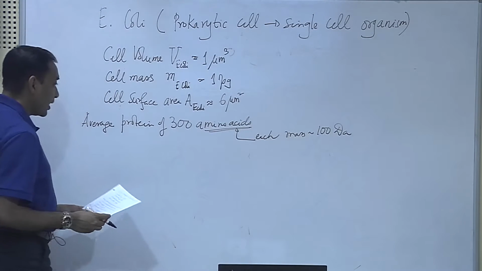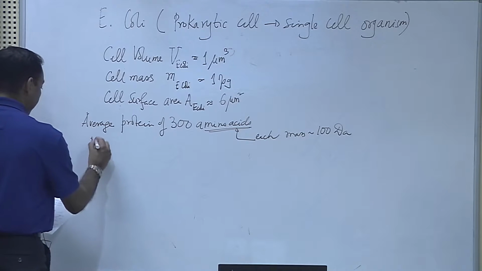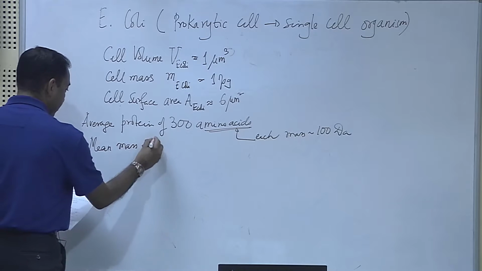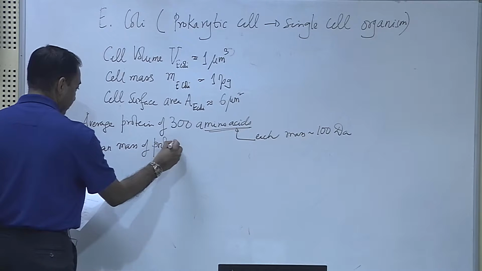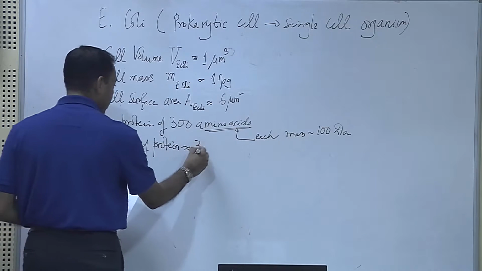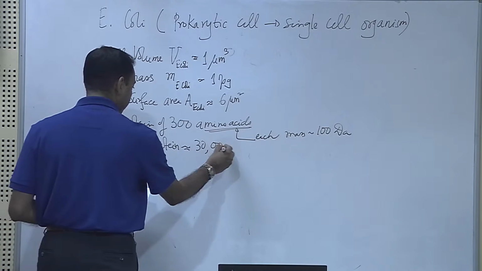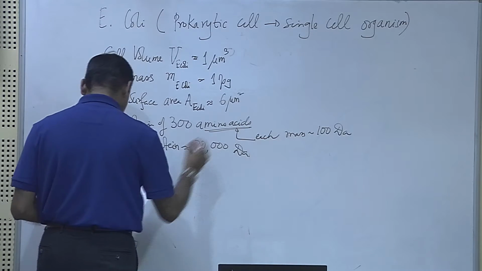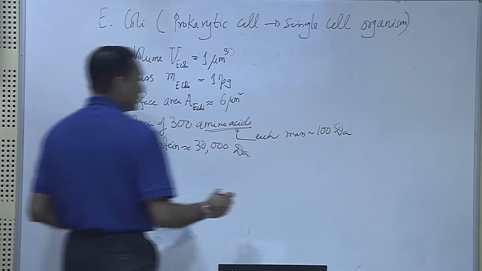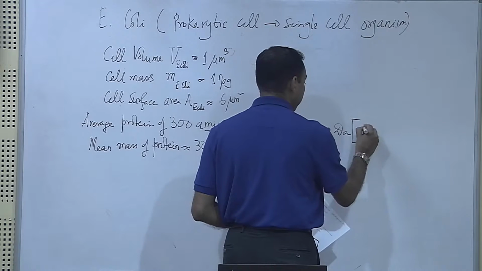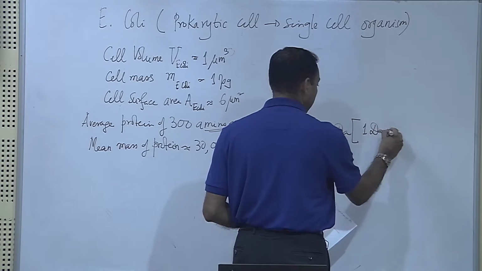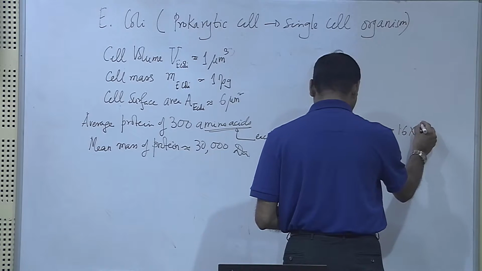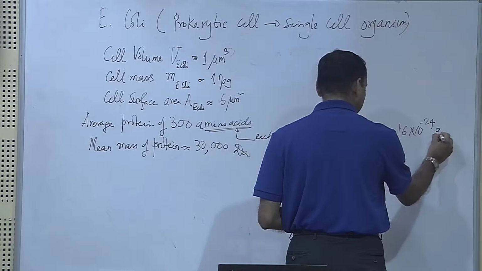So the mean mass of a protein is close to 30,000 Dalton. 1 Dalton is equal to 1.6 times 10 to the power of minus 24 gram.